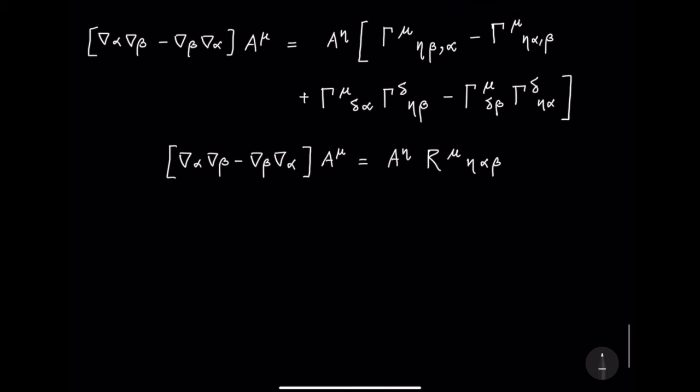This is a short form which we have sometimes introduced. For antisymmetry, we write alpha beta this way. Antisymmetry means essentially alpha beta minus beta alpha. So you see that the Riemann curvature tensor also gives us the difference between successive covariant differentiations.